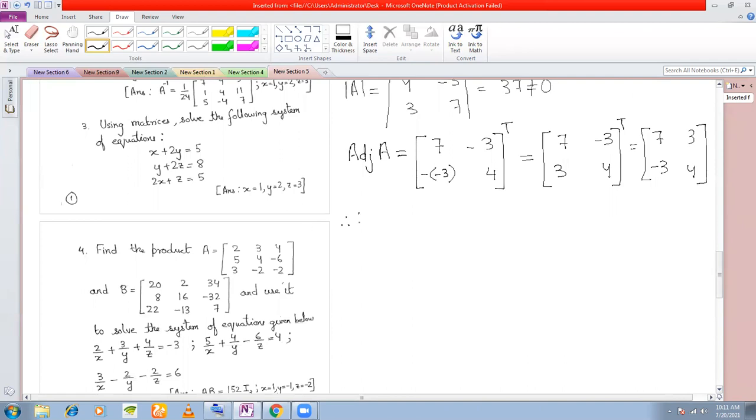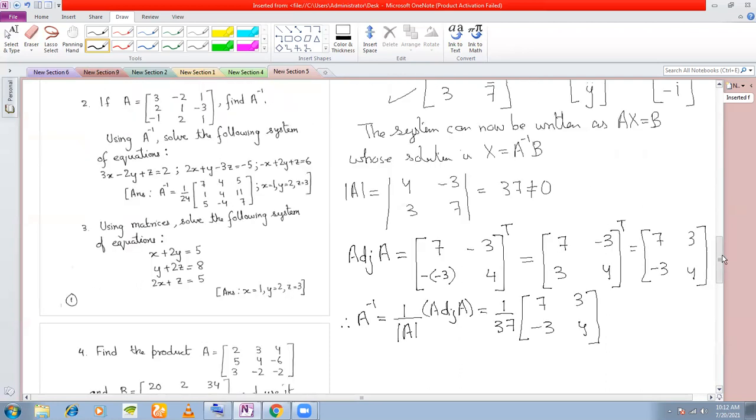Therefore, A inverse is equal to 1 divided by the determinant value of A into the adjoint of A. Determinant we have got as 37 and the adjoint is 7, 3, minus 3, 4. So we have managed to find out A inverse.